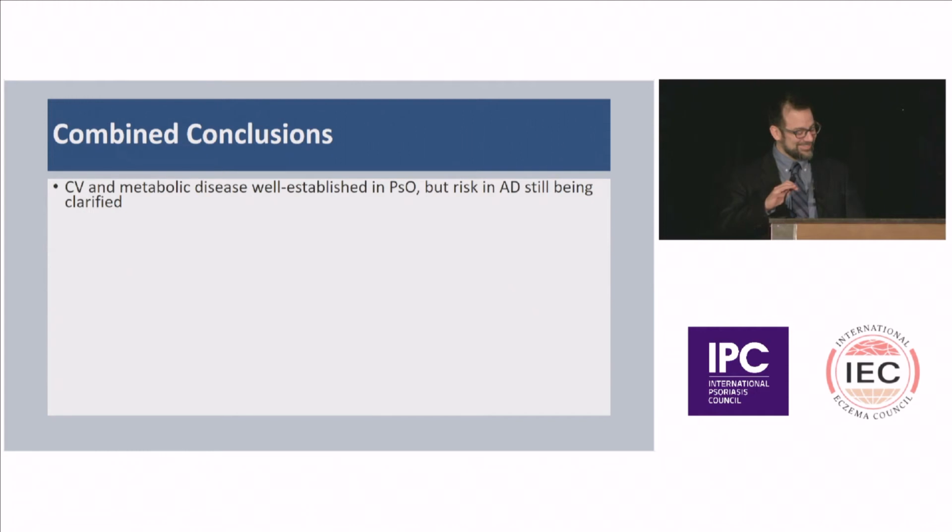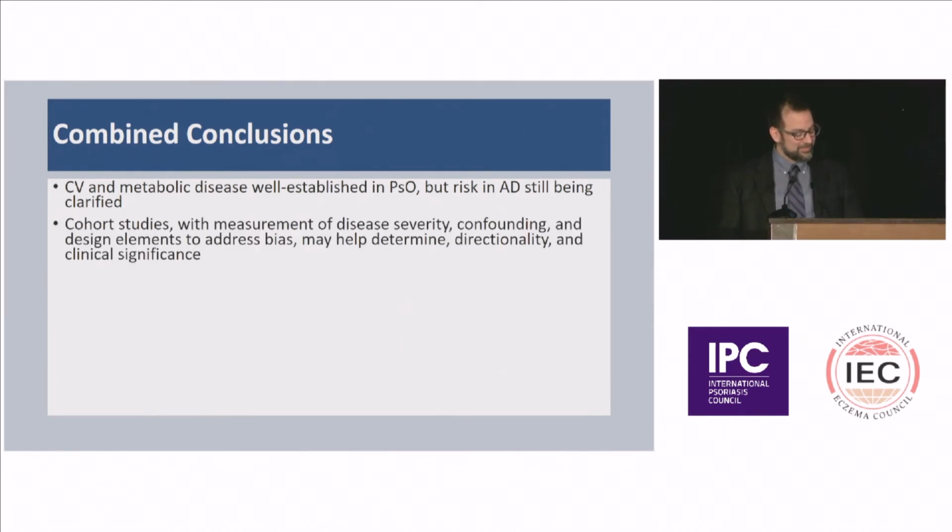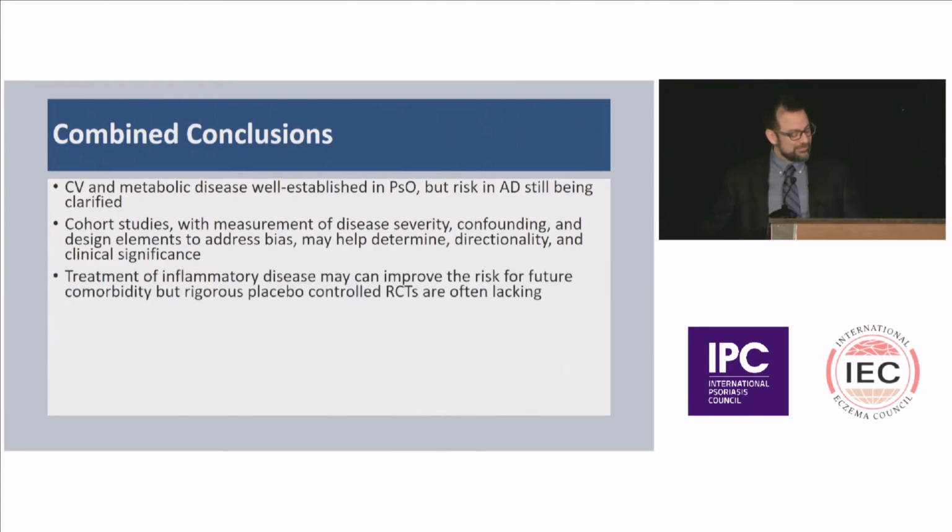He's a complex thinker. So cardiovascular and metabolic disease are well-established comorbidities in psoriasis, but the risk in AD is still being clarified. Cohort studies with measurement of disease severity, confounding, and design elements to address bias may help determine the directionality and causation.